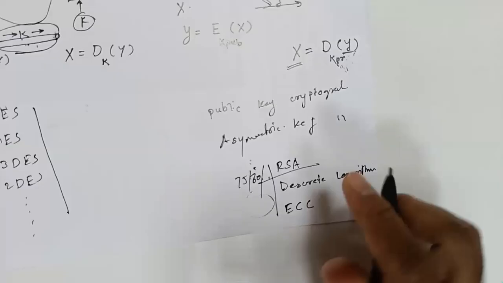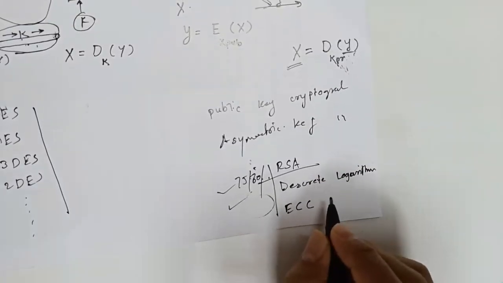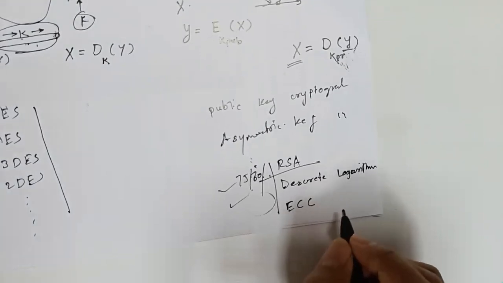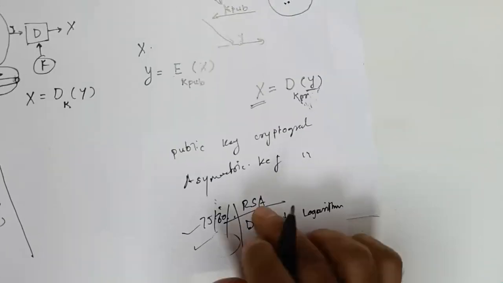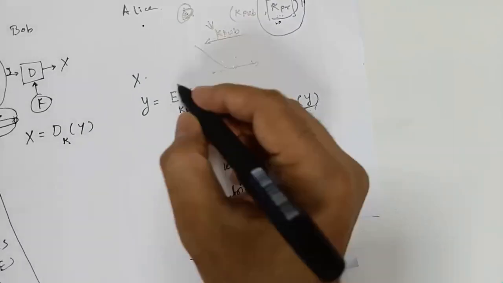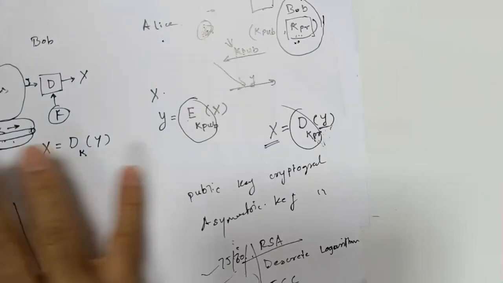We'll see RSA and discrete logarithm probably. So let us first look at what RSA is, the algorithm which is used for encryption and decryption. If you have understood this concept, we can move ahead to check out what is RSA.